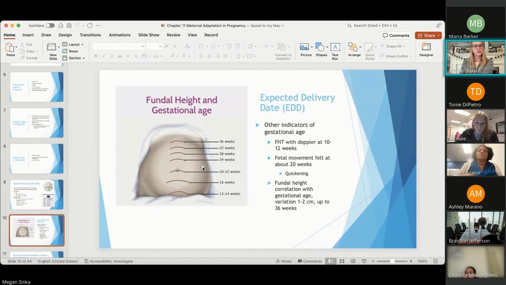So we measure in centimeters, and the centimeters correlate with weeks. So for example, if you put the bottom of the tape by their pubic bone and then bring it up to their belly button, let's say, it should be around 20 centimeters, which equates to 20 weeks gestation.